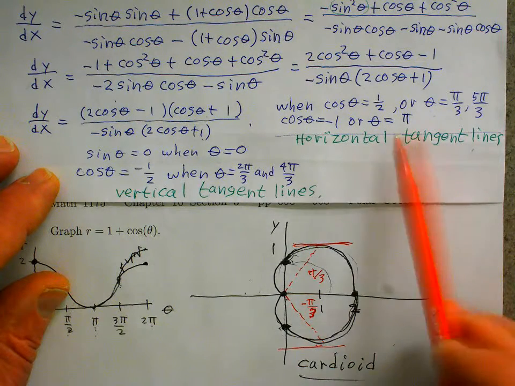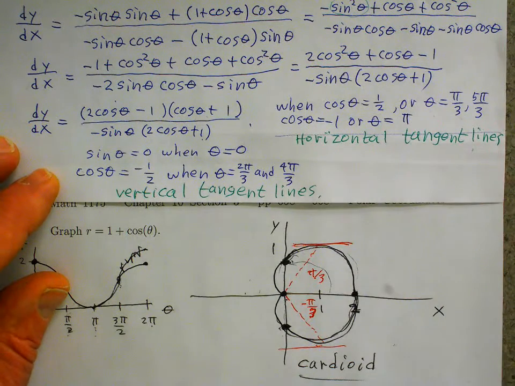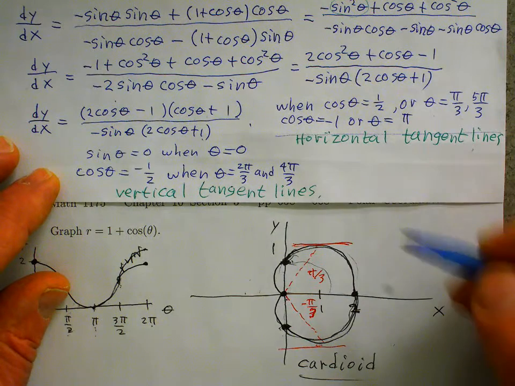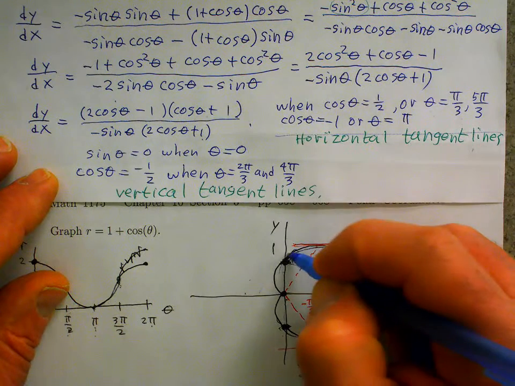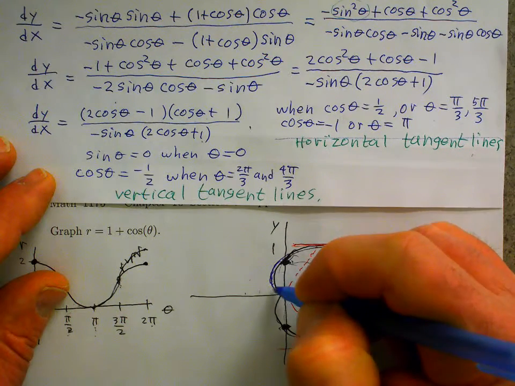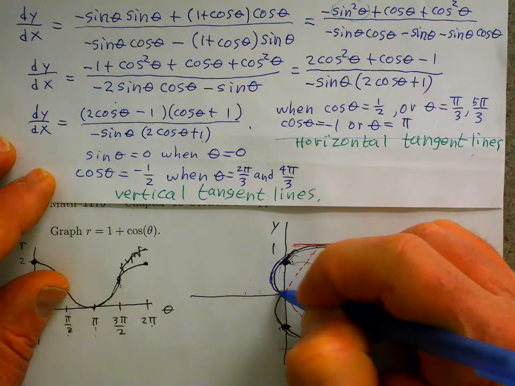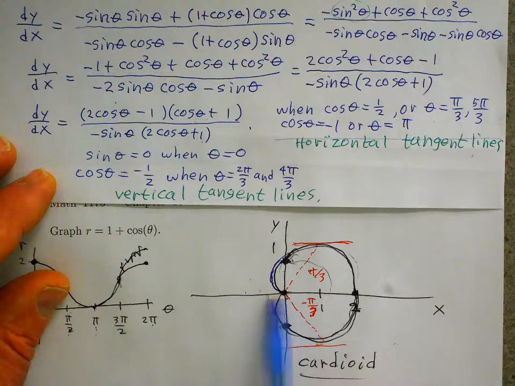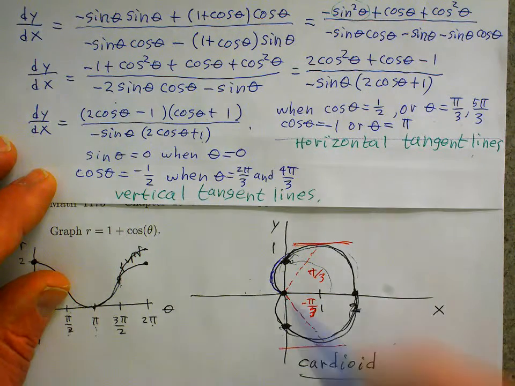This one also says at pi, and that's believable if this curve comes in and, when it reaches the origin, the tangent line is horizontal. That seems reasonable that it could occur there.